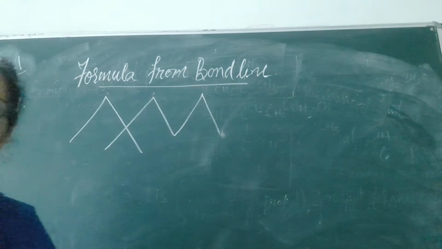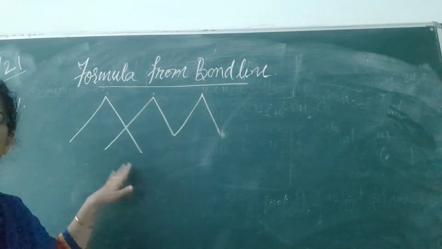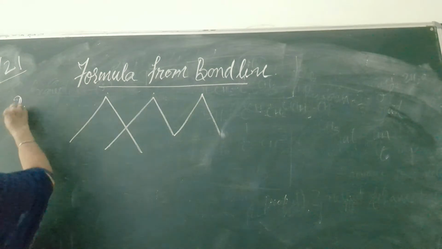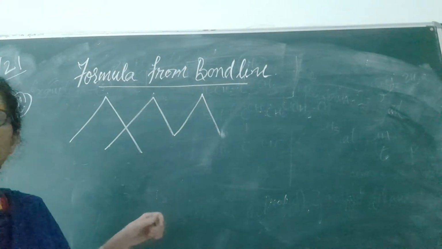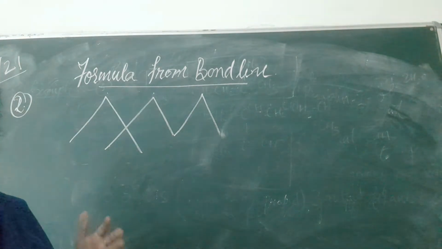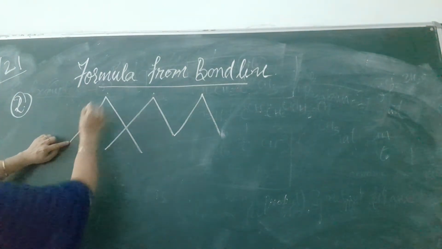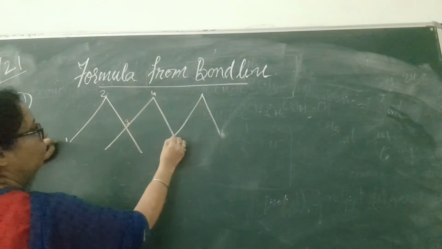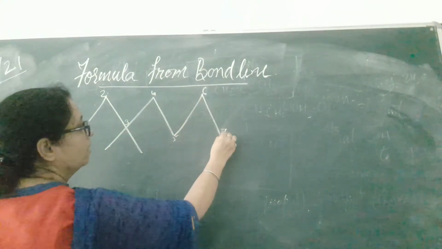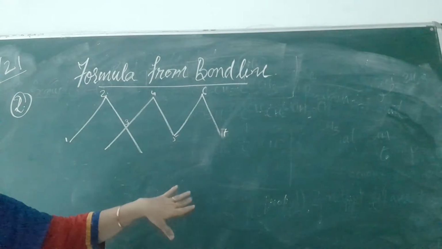Now, in this second structure, you see how to write down the formula. Again, you have to count the number of carbons: 1, 2, 3, 4, 5, 6, 7. Total 7 carbons are there.